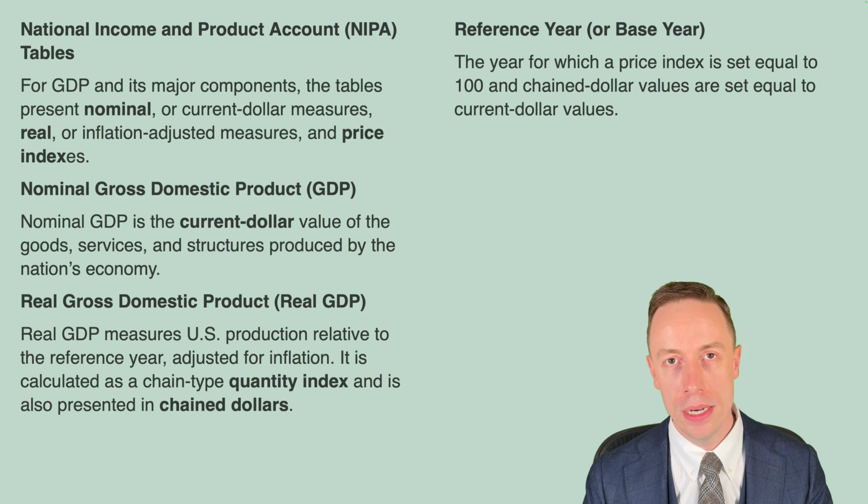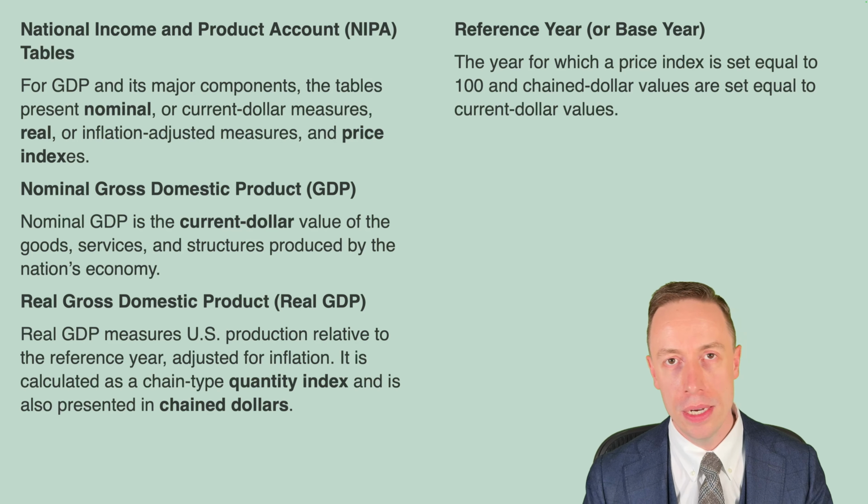These are the index figures, but what you are even more likely to encounter are real gross domestic product figures using so-called chained dollars. So it's a very similar idea expressed in a different fashion. We still have our reference year. So that's the first thing you want to look for. What's our reference year?